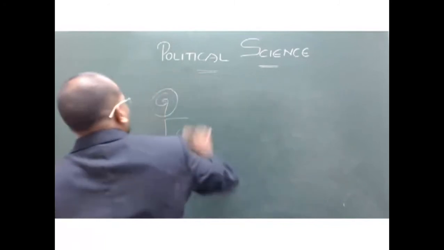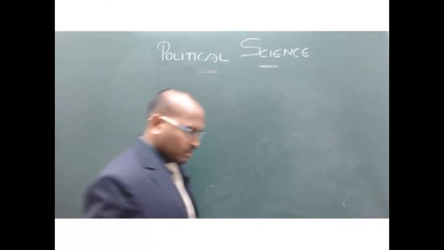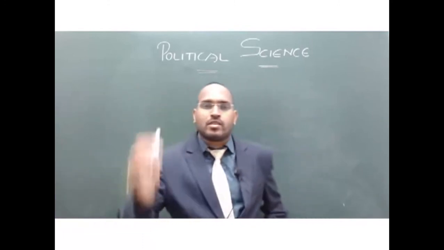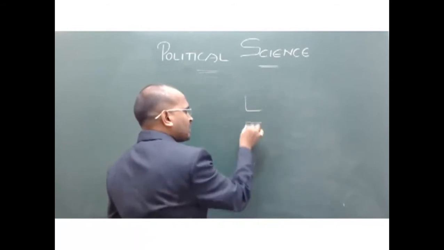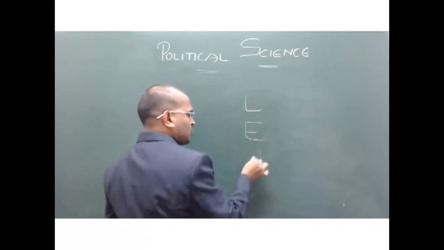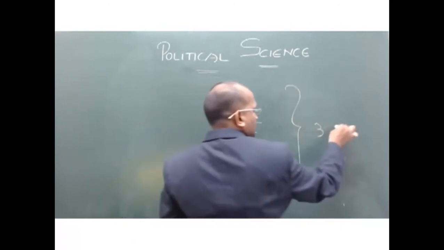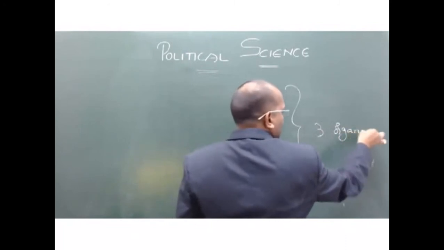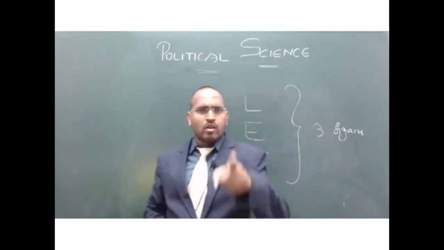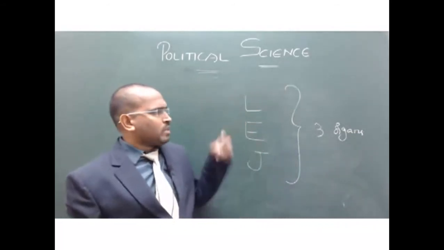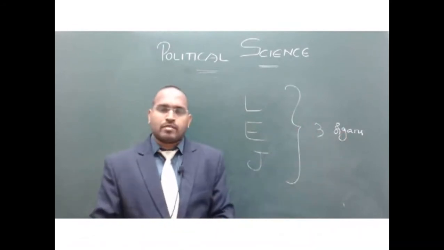If you observe any government, it consists of three wings. One is legislative, another is executive, and the next is judiciary. Three organs. If you go to any country, in one way or the other, these three wings or organs will be there.